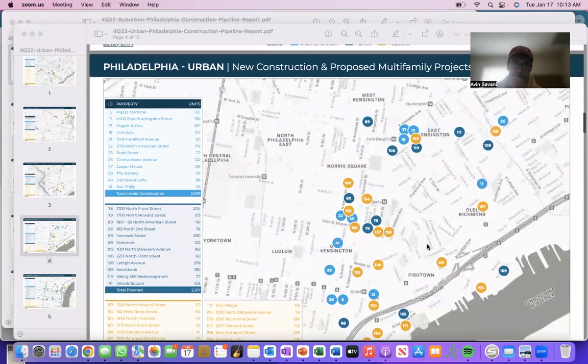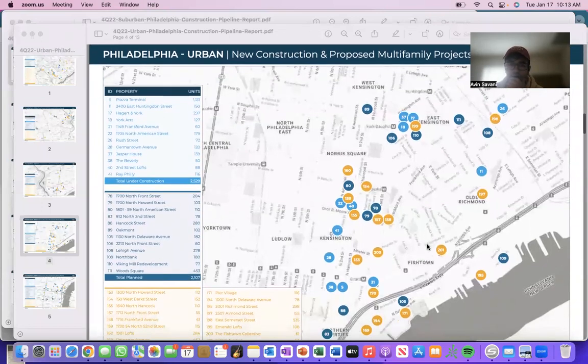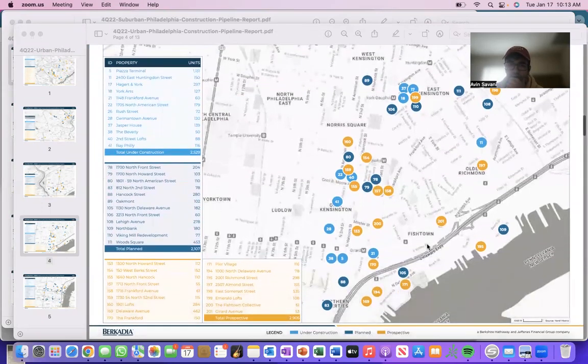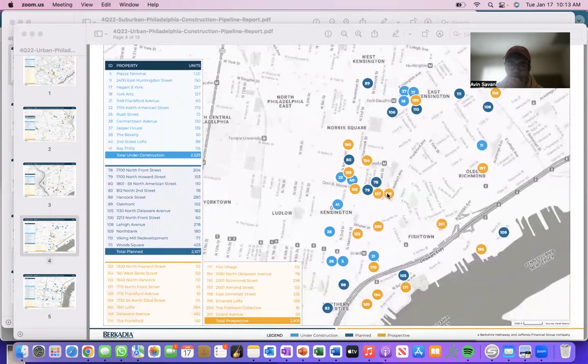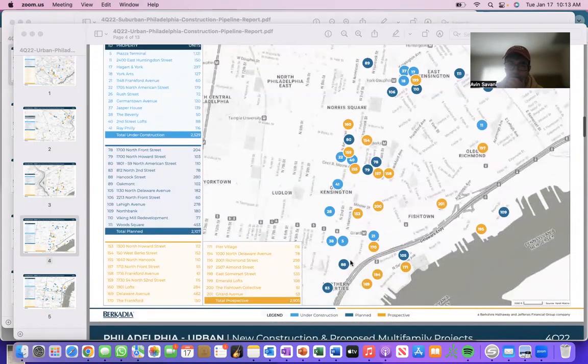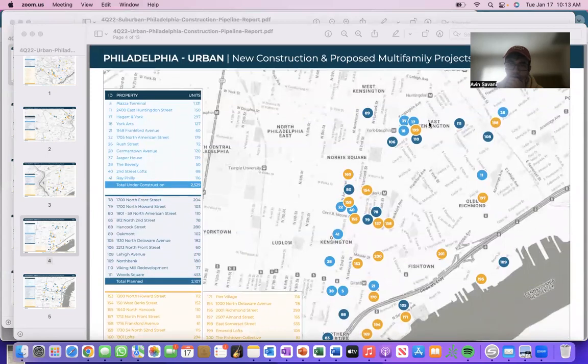Under construction, so this is kind of in the Center City, Philly area. So Old Kensington, North Square, East Kensington. Or sorry, this is where Temple is. Okay, so this is where Temple's campus is.